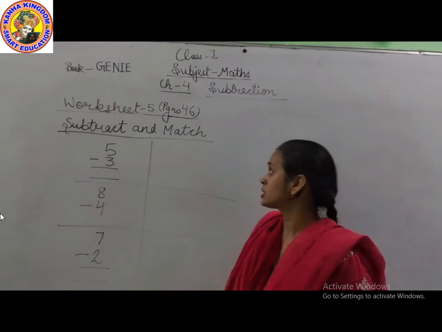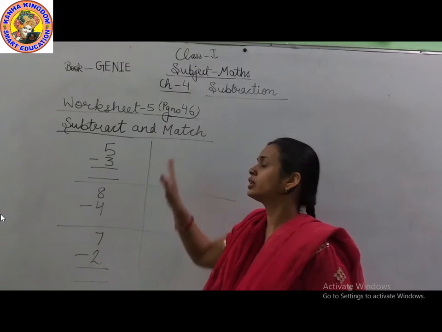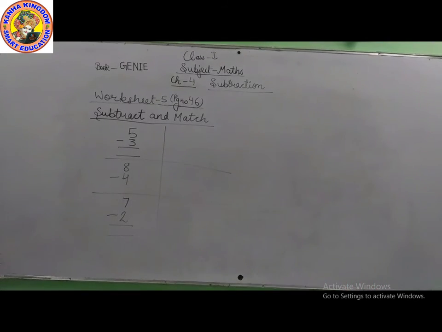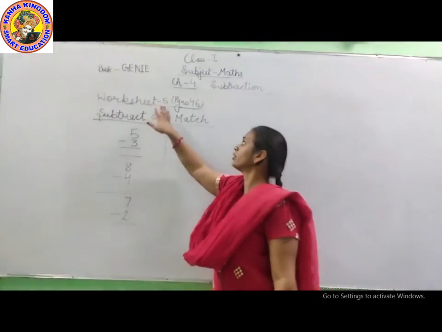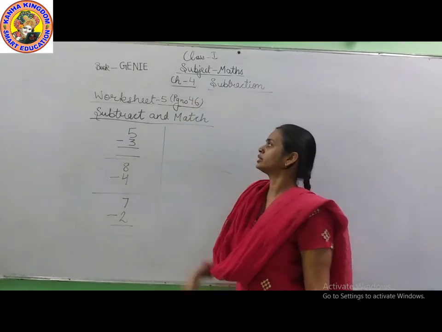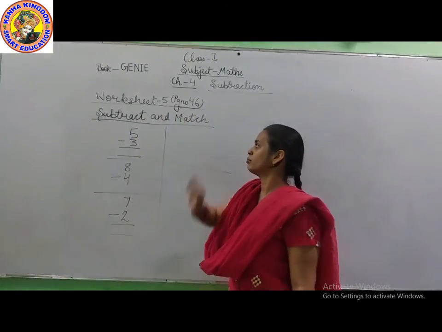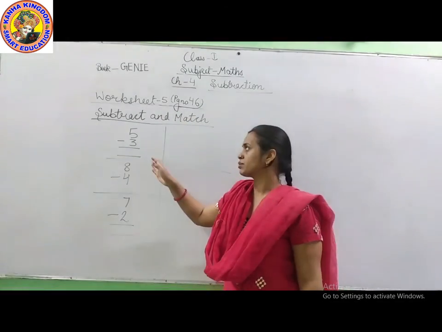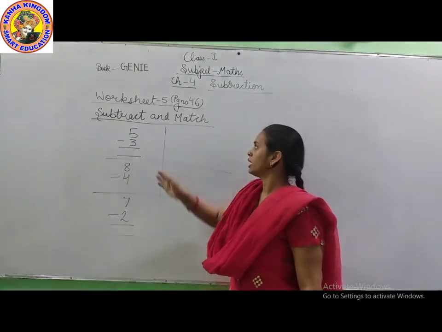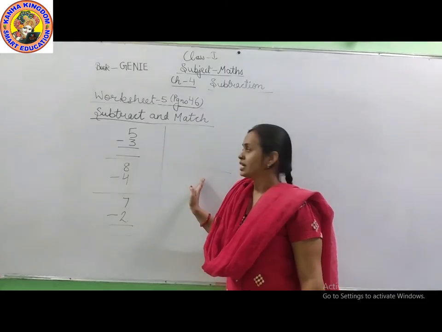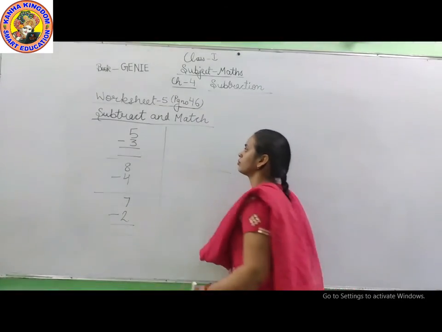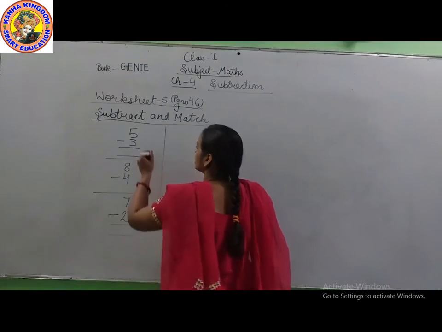Now, next worksheet is worksheet 5, page number 46, subtract and match. I'll explain here how to subtract and you have to match with the correct answer. First question is 5 minus 3.